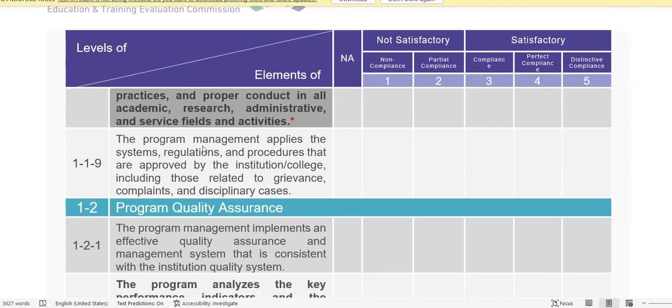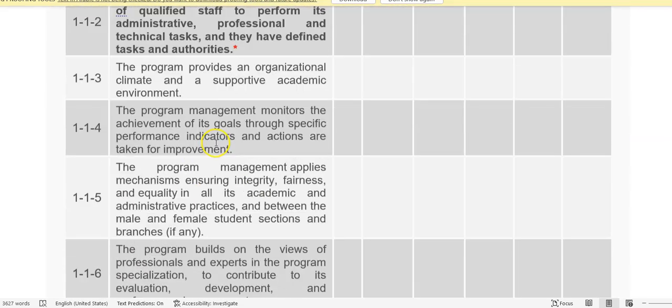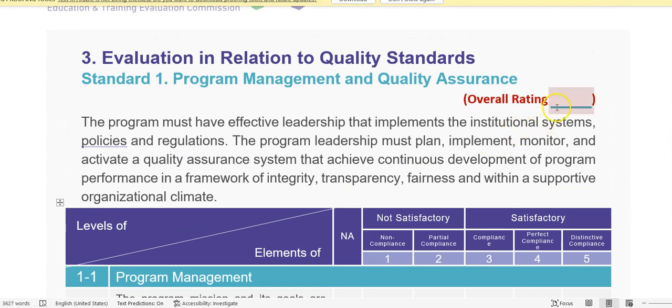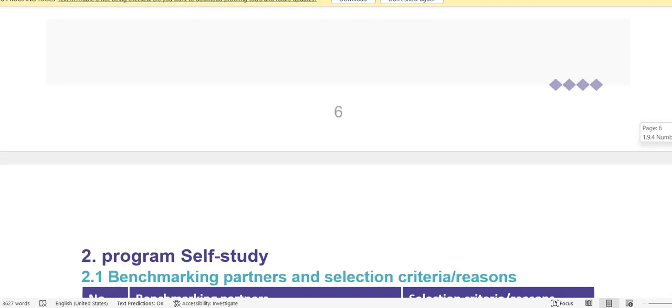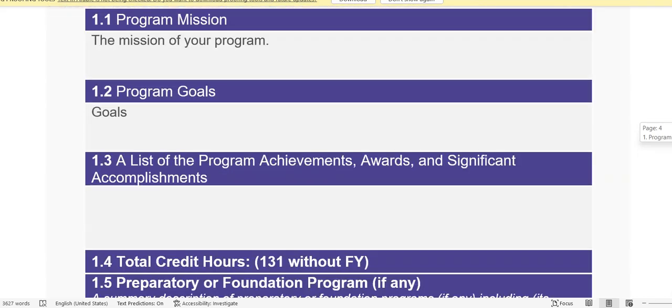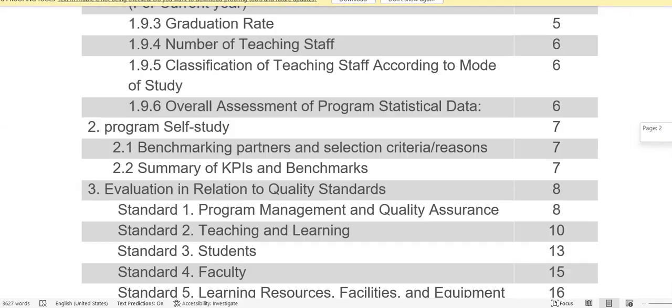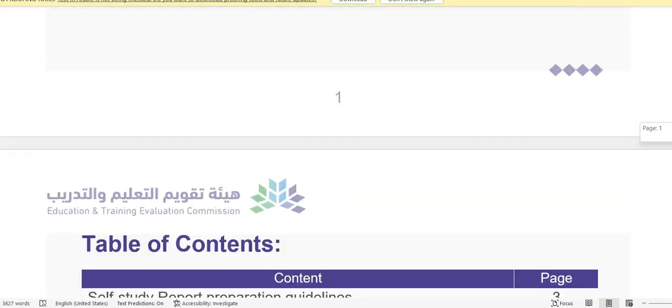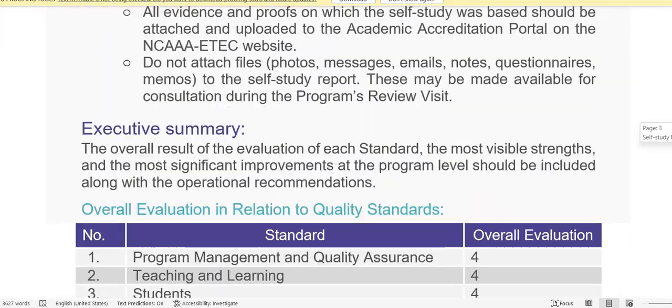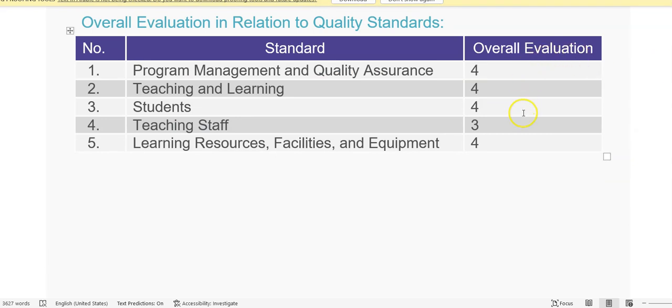Essential criteria should not be less than 3. Evaluate here. The number that you put here should be the same as you put here in the beginning, if you remember. I think it should be the same.